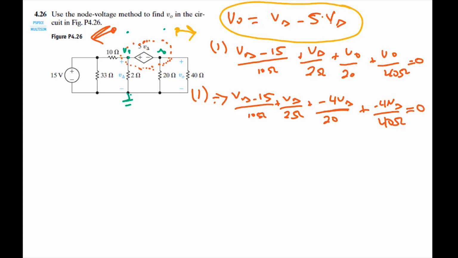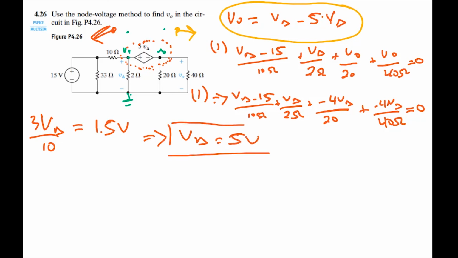Now all we have to do is solve this equation. You can plug it into your calculator and it'll spit back an answer: 3 over 10 V delta is equal to 1.5 volts, and then V delta is equal to 5 volts.